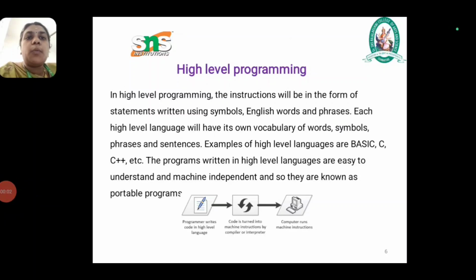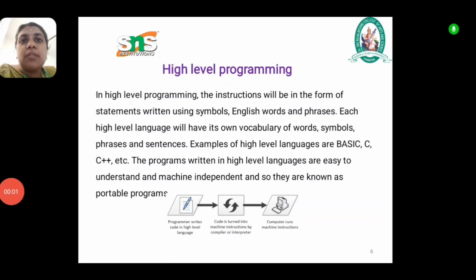So a high level language such as Python or C++ is designed for human readability, focusing on the logic rather than the machine specific hardware details. These programs are easy to write, read and maintain. In this high level programming we write the program, read it and erase it.